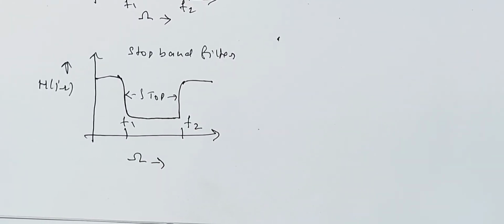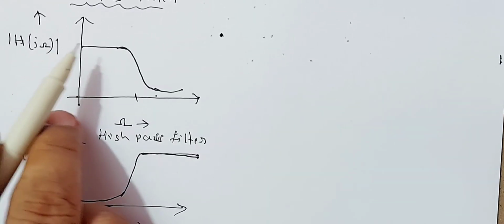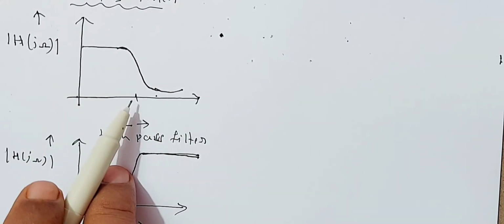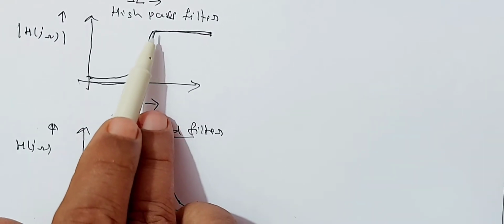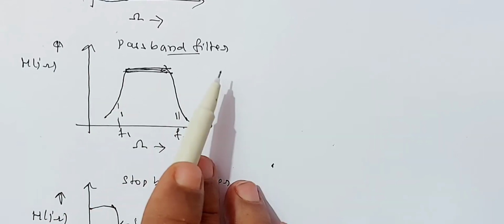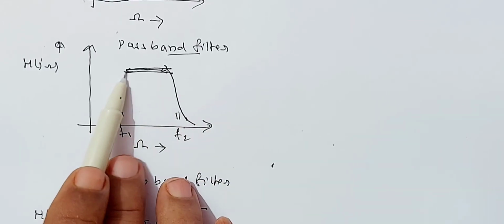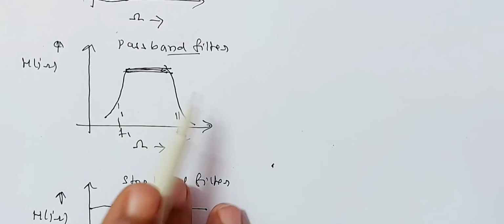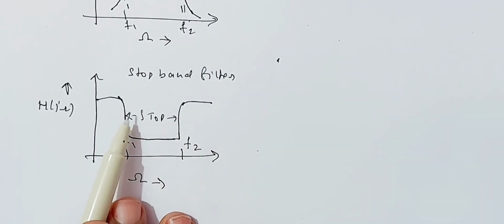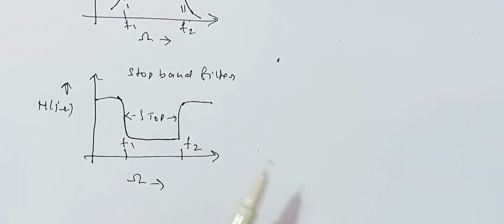Thus, the filters are classified into four types. Low pass filter, in which the output voltage is allowed up to a certain low value of frequency. High pass filter, in which the output voltage is allowed only after certain high value of frequency. Band pass filter, in which the output voltage is allowed only for a band of frequency. Band stop filter, in which the output voltage stops for a band of frequency.